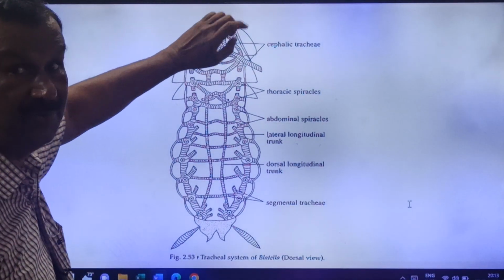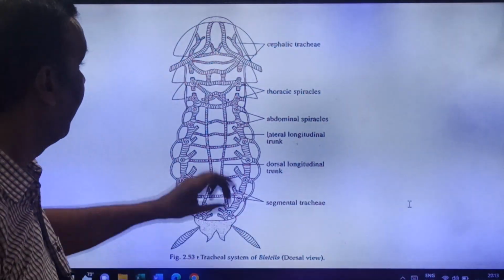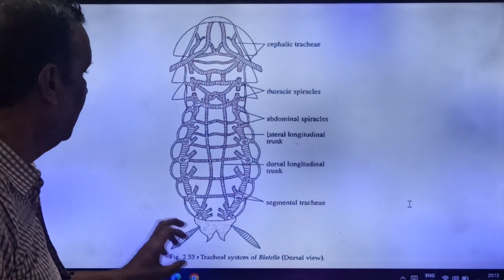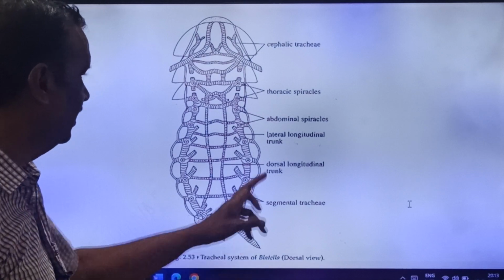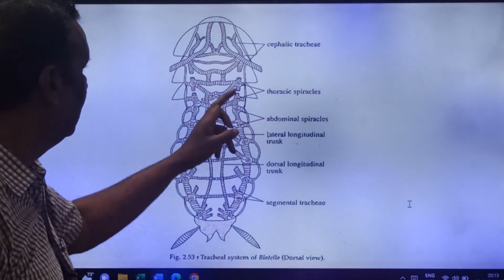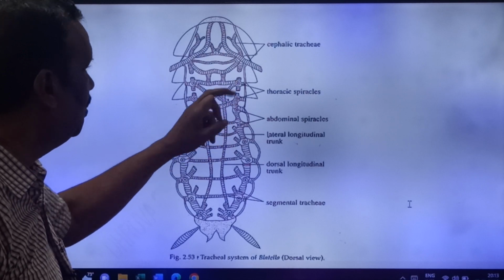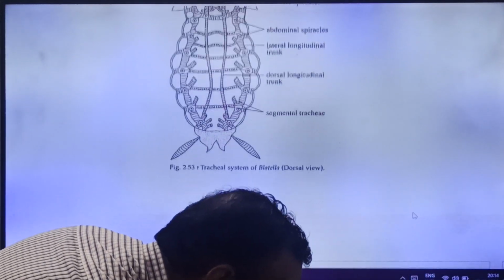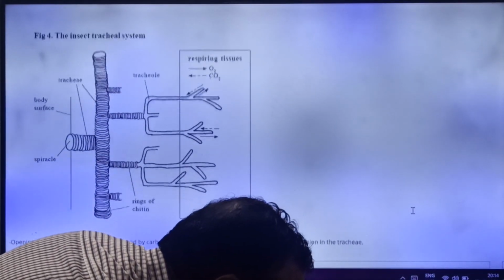This is formed from whom, friends? From the thoracic tracheae. Now these are the abdominal tracheae. Okay friends, dorsal longitudinal tracheal trunk, lateral longitudinal tracheal trunk. These are the abdominal spiracles, 8 pairs. These are the thoracic spiracles, 2 pairs. Okay friends, this is about the trachea or respiratory system of cockroach.